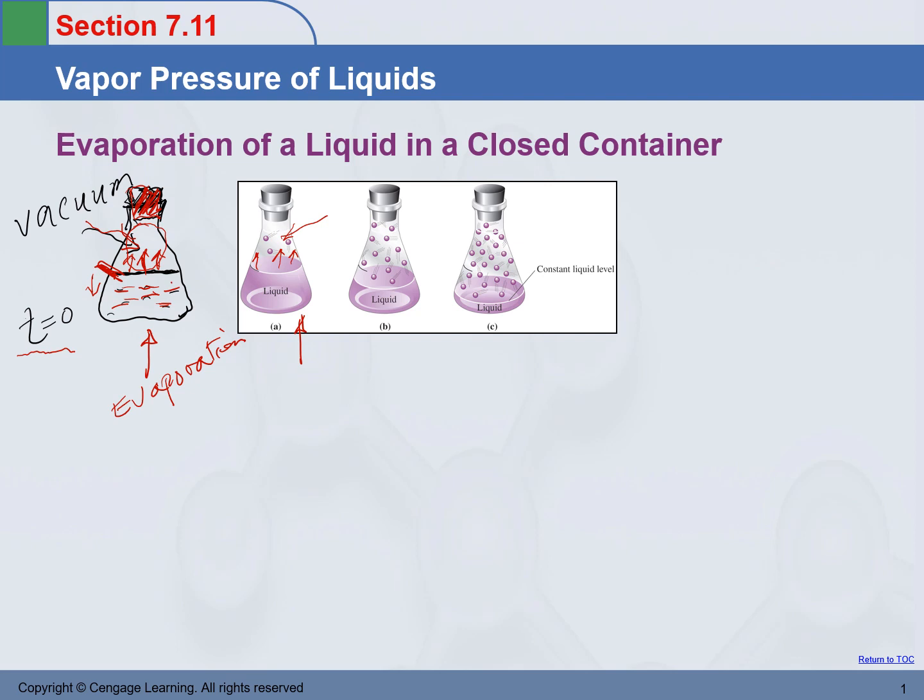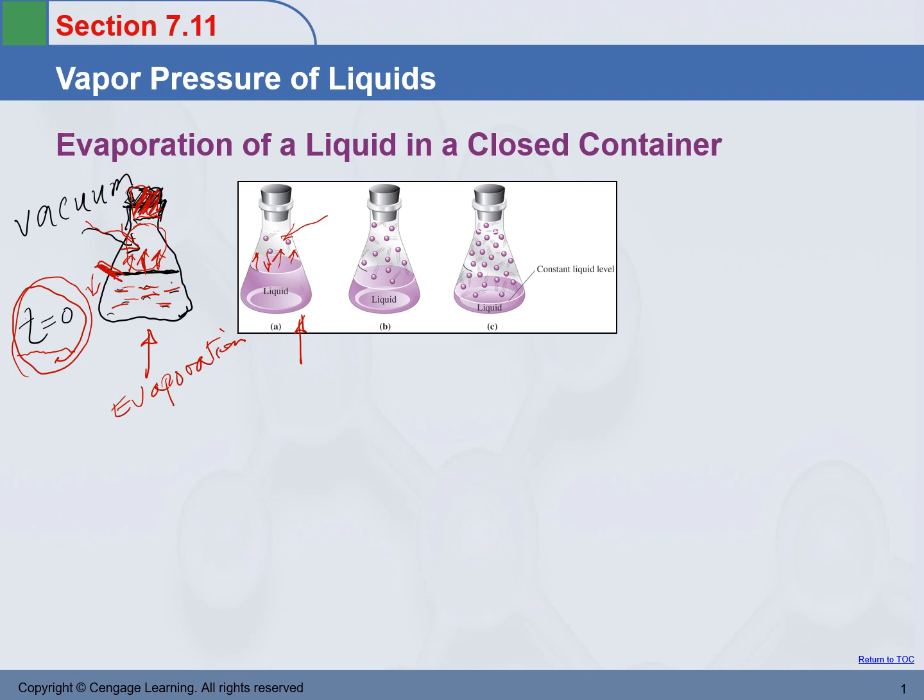Number 2, some of these particles in the space above the liquid may dive right back into the liquid to become a part of the liquid: condensation. So there are 2 processes going on now. Right past time 0, there will be 2 processes going on inside the flask: evaporation and condensation.